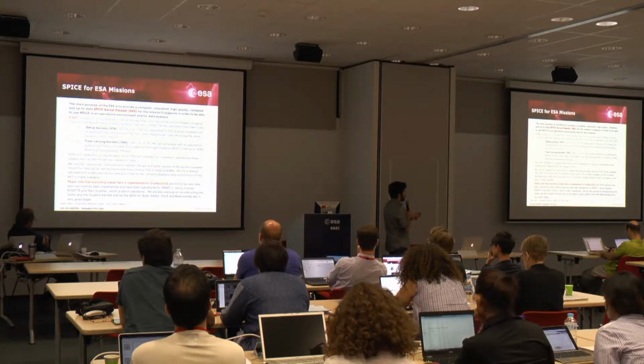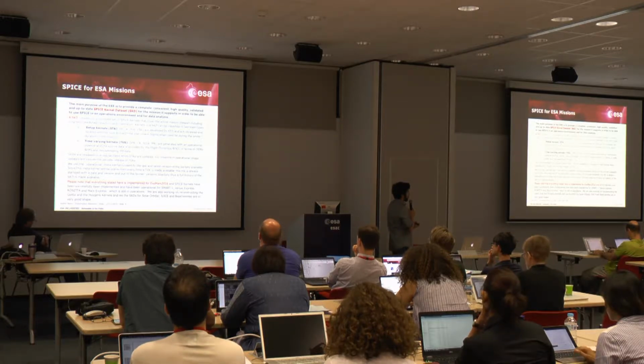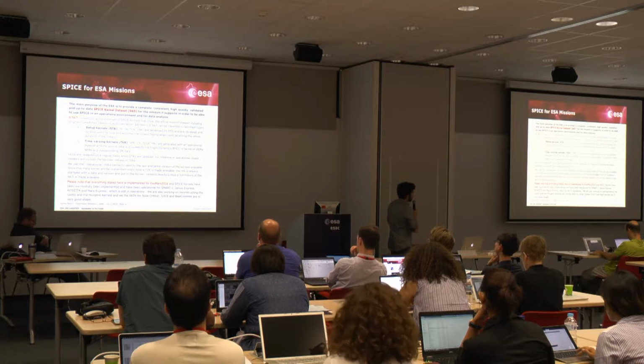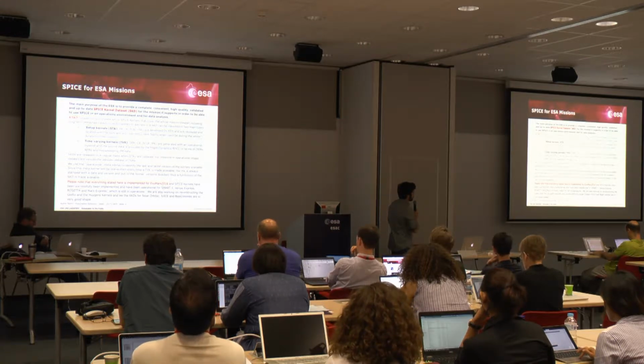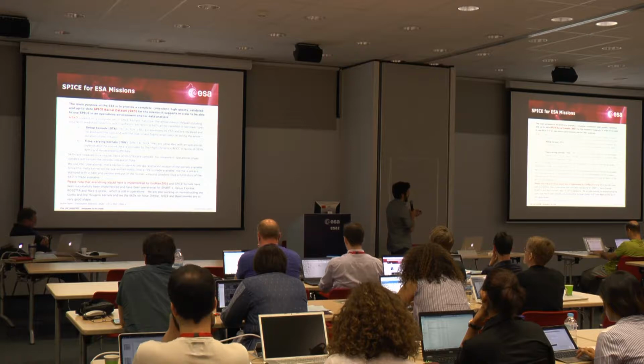Those are typically text kernels, like the frames kernel, the instrument kernel, planetary constants kernel, and leap-second kernels. Those are developed by us in partnership with the SGSs, the instrument teams, and NAIF sometimes. And basically, these can be more fixed in time, and they are developed by hand.